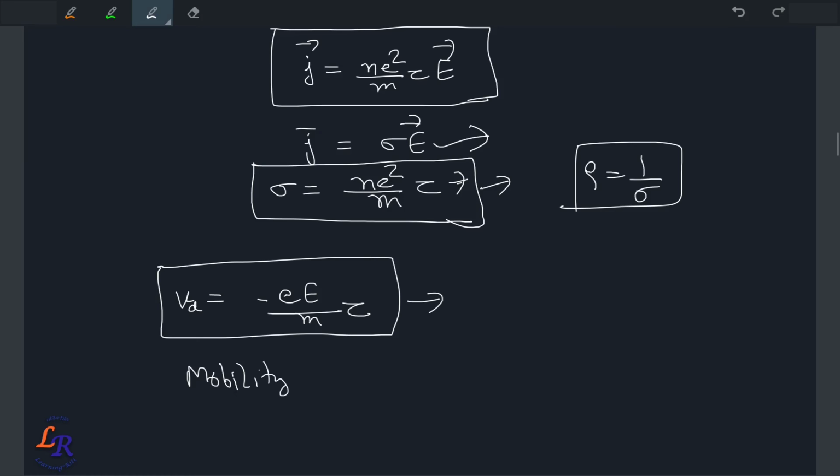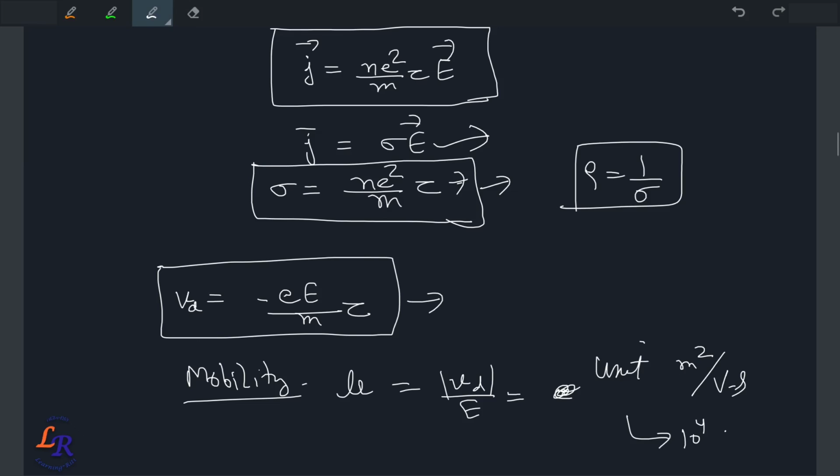In this case, we represent mobility by mu. So we define mu as drift velocity per unit electric field, taking the magnitude, and the unit for this is meter square per volt second. Typically in practical units we sometimes use centimeter square per volt second as well, because we are talking about a very small area.